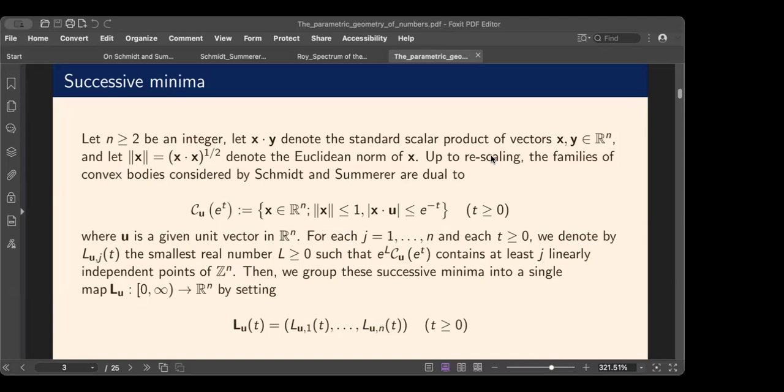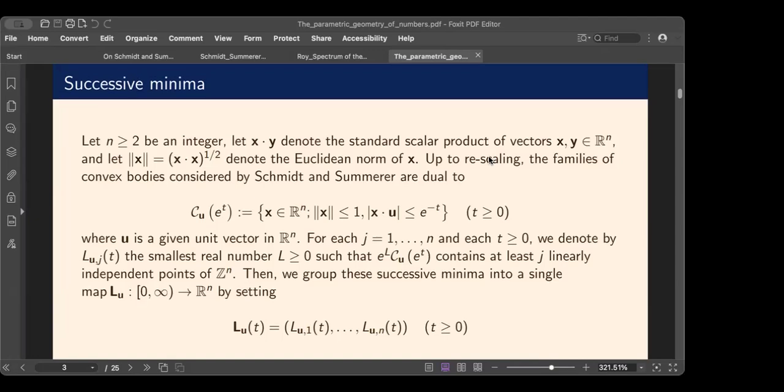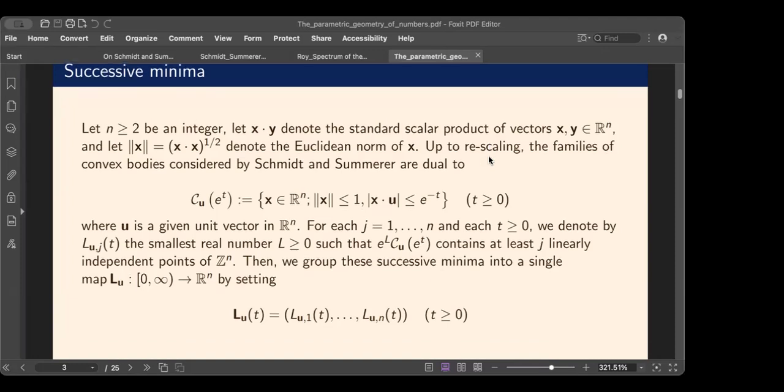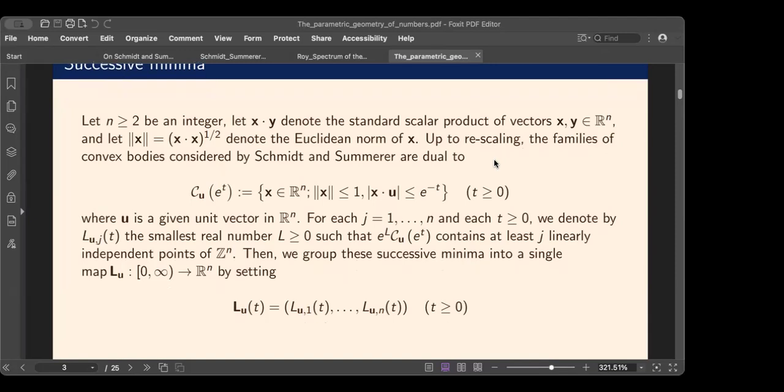Here is the definition of the convex body called C_u with respect to the time t, and u is a given unit vector in R^n.